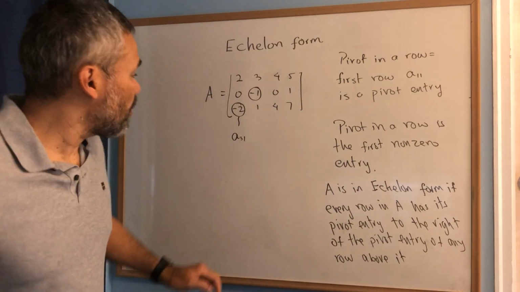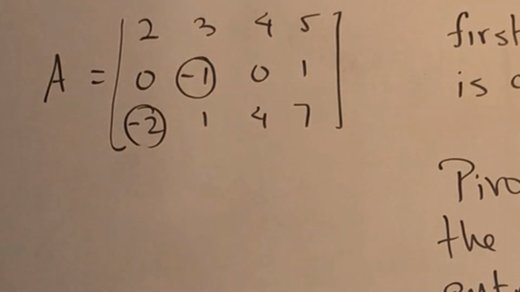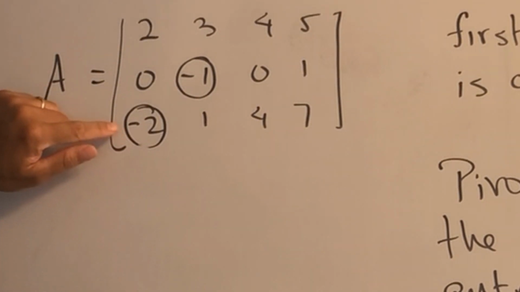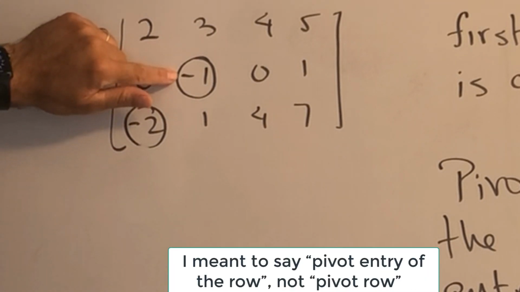Then, for example, this matrix is not in echelon form because the pivot entry of this row is not to the right of the pivot of this one.